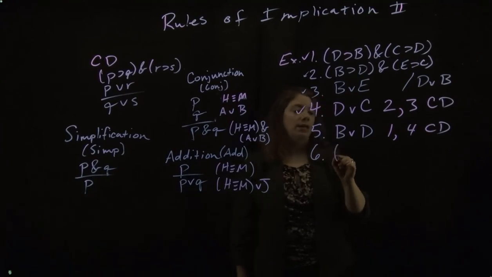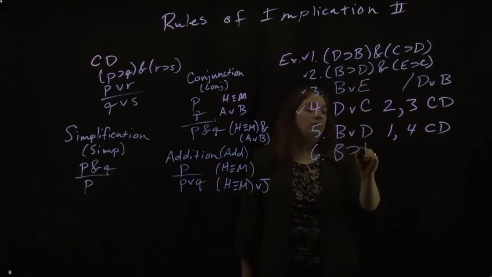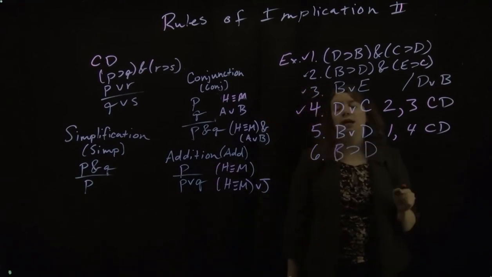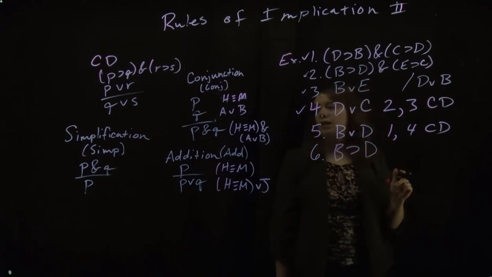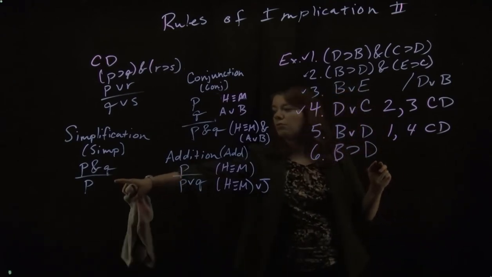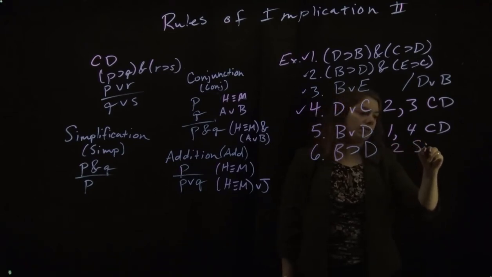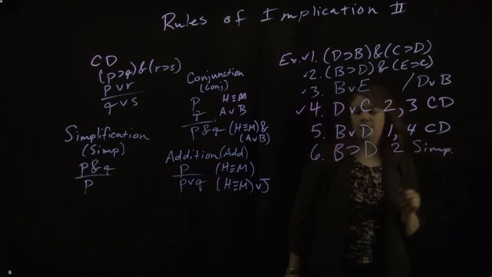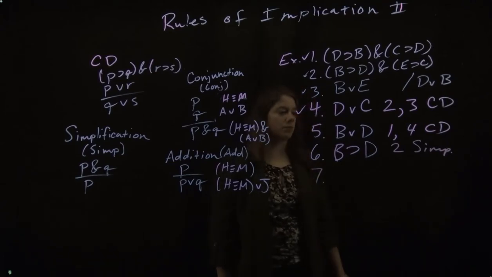So let's go ahead and derive from line 2 B horseshoe D. And how did we derive this? Because the main connective, the operator here, was an ampersand, we can use the rule of simplification. So on line 2, if we simplify out, we can get B horseshoe D. But we're not there yet.